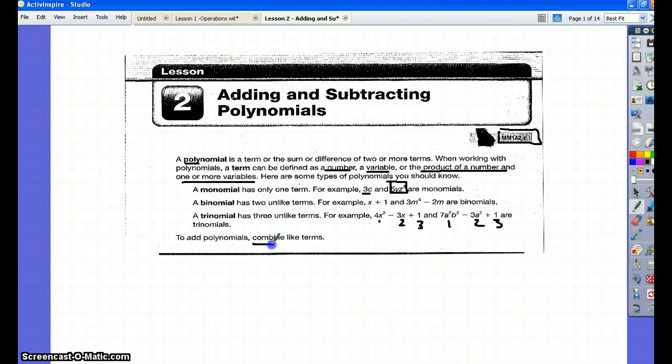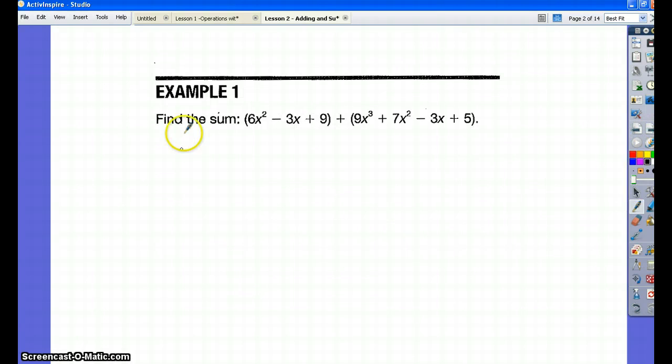So to add polynomials, you combine like terms. Like terms have to have the same variable and the same exponent. That is a like term. So let's look at this. First thing you want to do is remove the parentheses. Now if there's a plus sign in between them, you can simply just remove the parentheses and combine like terms.